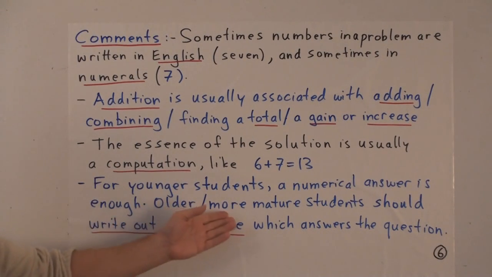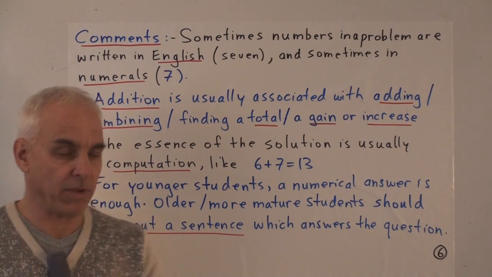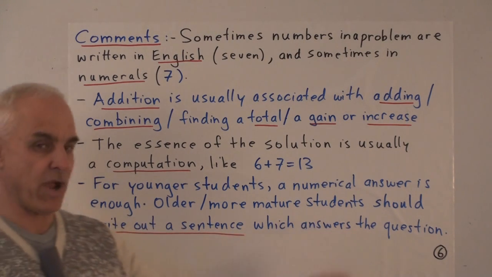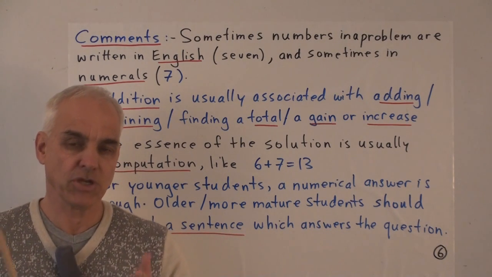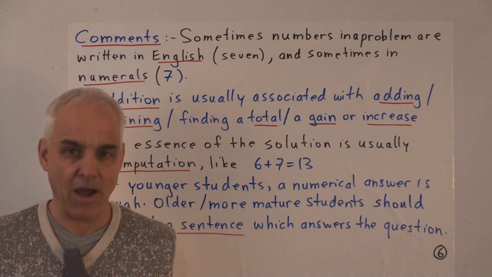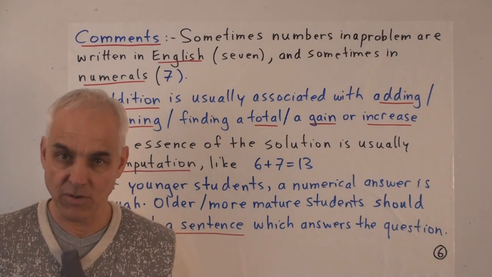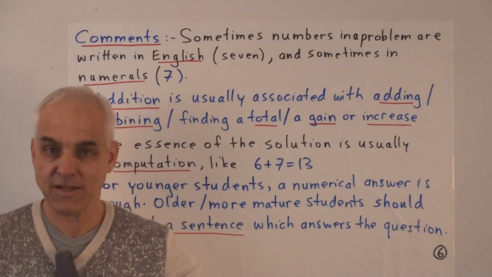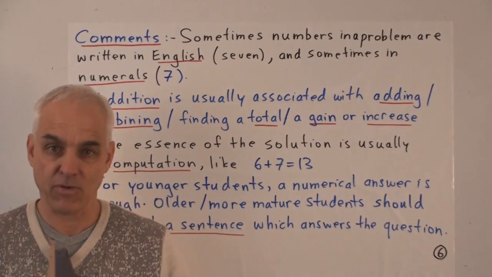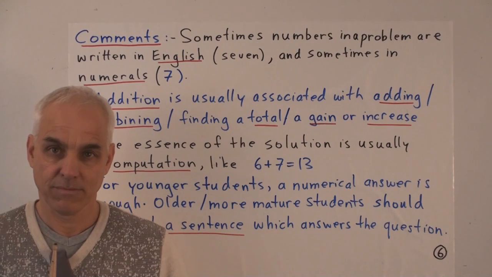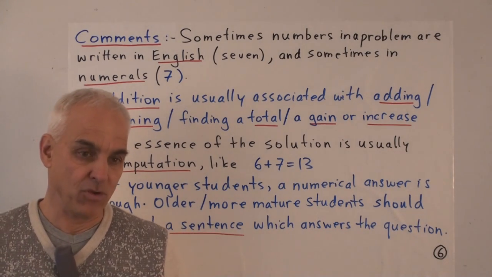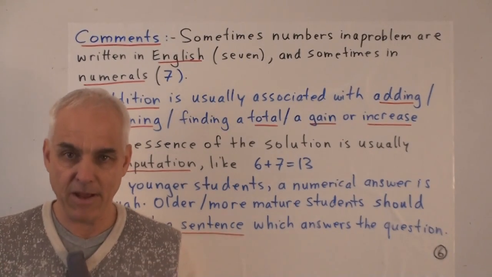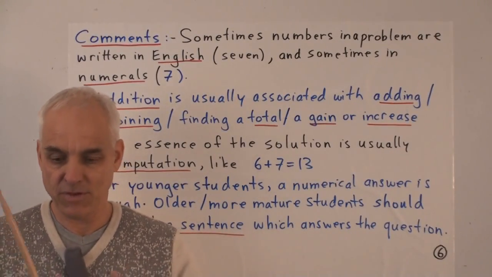Now, older or more mature students, which is probably most of you, should write out a sentence which answers the question. So you should aspire to writing out a solution which is an English sentence, which contains the information that someone requested of you. So, for example, you can imagine this question has been given to you by your boss. You're getting an email, or you get given a memo. There's a question.